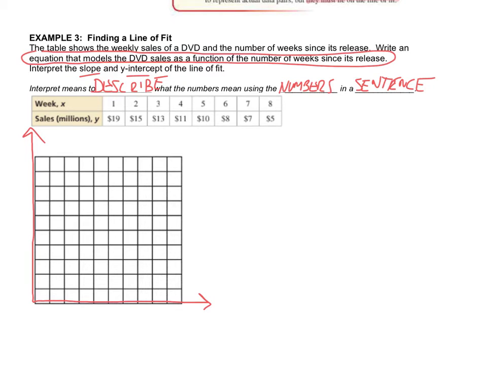So when I draw this, I'm going to have weeks down here for the X's, and sales up here on the Y's. Now on the Y-axis, looking at my numbers, I'm going to go by 2s, because I can see that it will fit in perfectly there. And my weeks will just go by 1s.